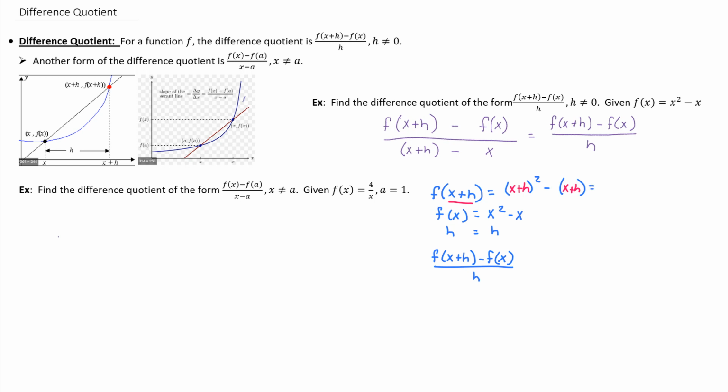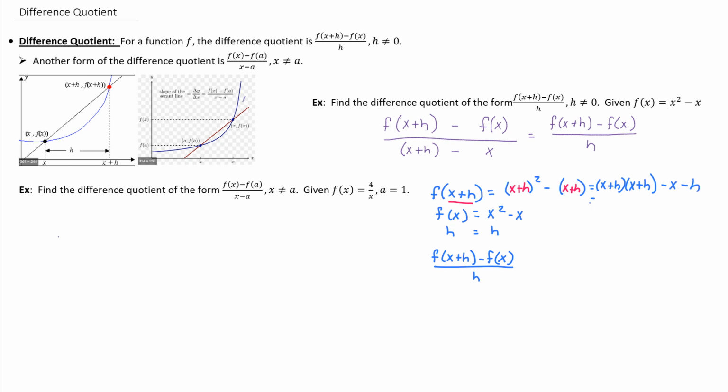So if it helps you, x plus h squared is x plus h times x plus h. So maybe list that out so you can see that you need to FOIL. And then we will need to subtract off x plus h, which I'll go ahead and do by distributing that negative. So subtract x and minus h.